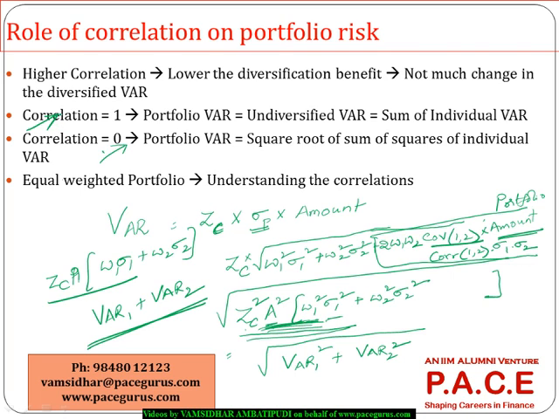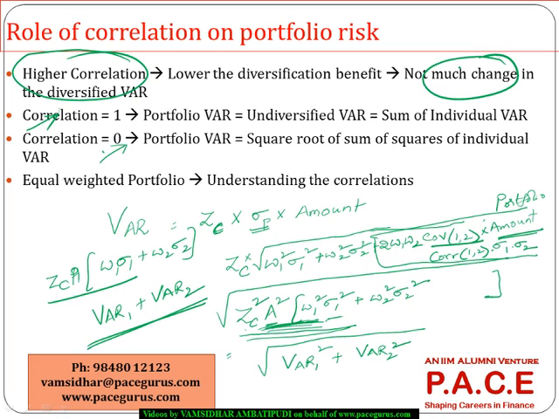So in this case, what we are seeing is, if the correlation is higher and higher, we are not going to get any kind of diversification benefit, which means there will not be much change between the diversified VaR and the undiversified VaR.